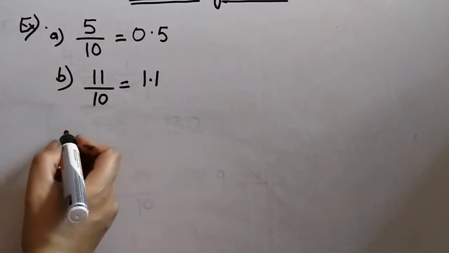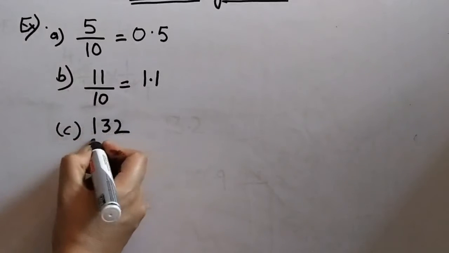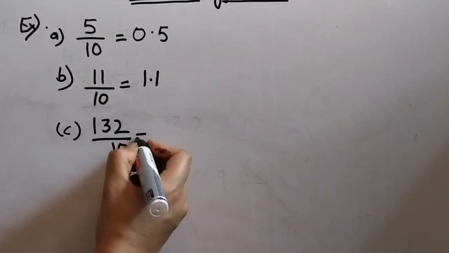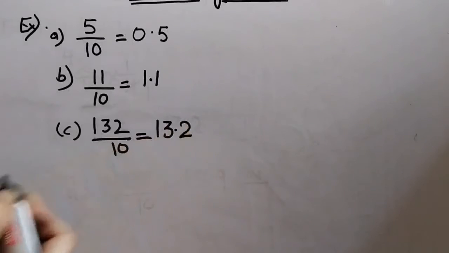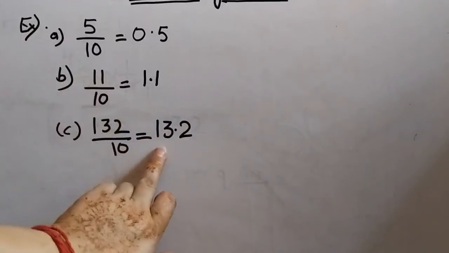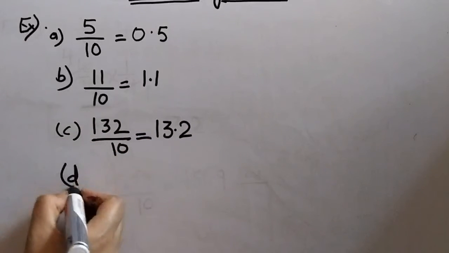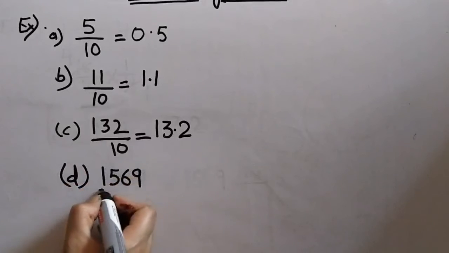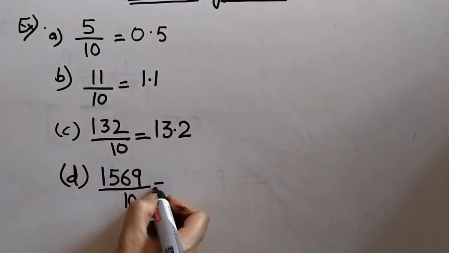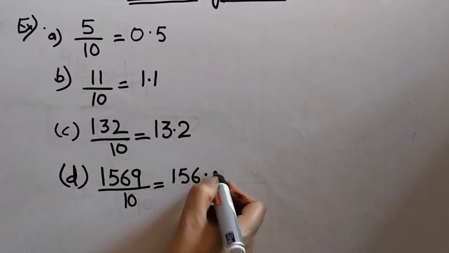For example, 132 upon 10. Put the point before one digit in your numerator. So the answer is 13.2. Next, 1569 upon 10 equals, again we'll put the point before one digit.